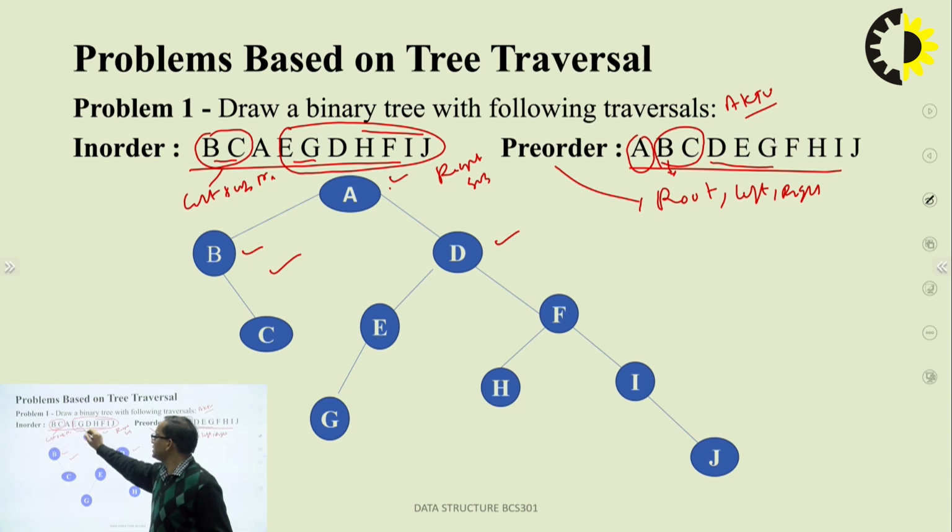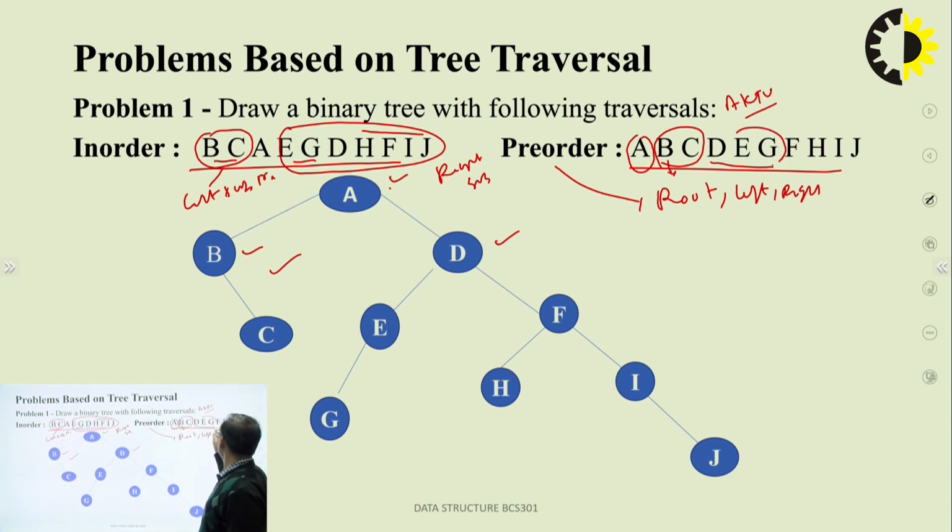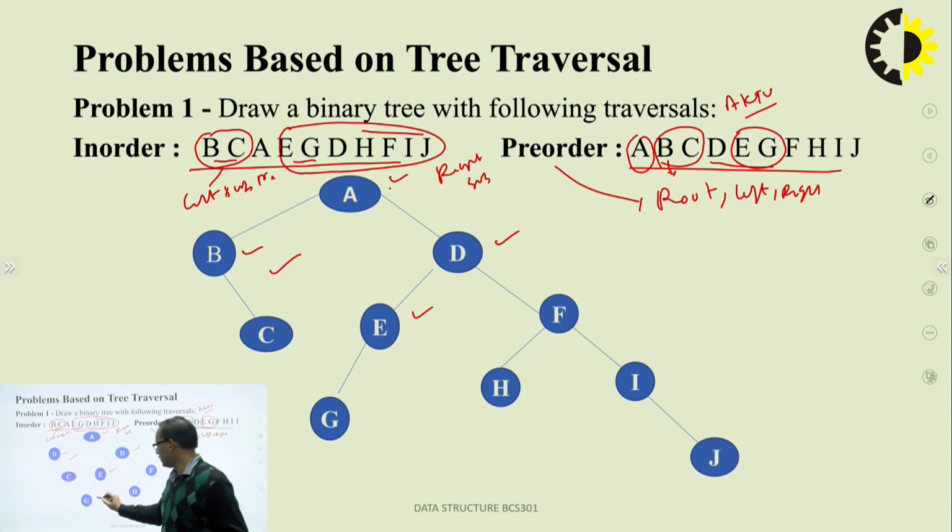So the in-order sequence is easy and the pre-order sequence is easy. Here E will be the root and G will be the child. After that, we will traverse the in-order sequence E, G. What is the in-order sequence?